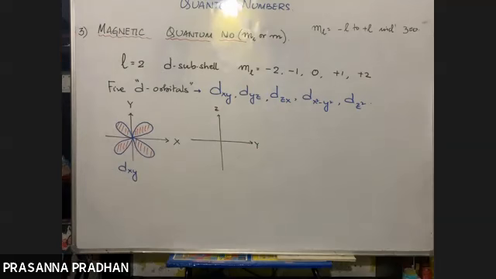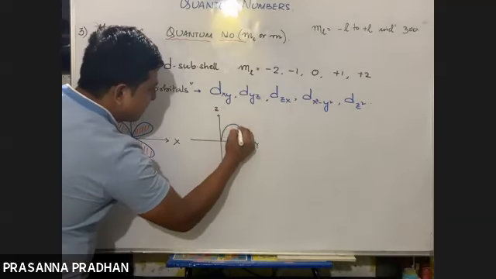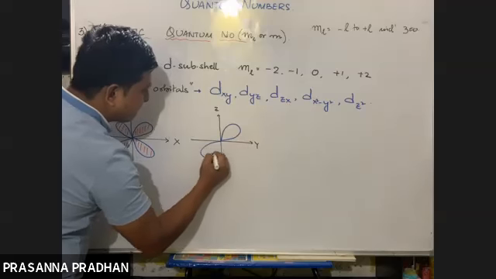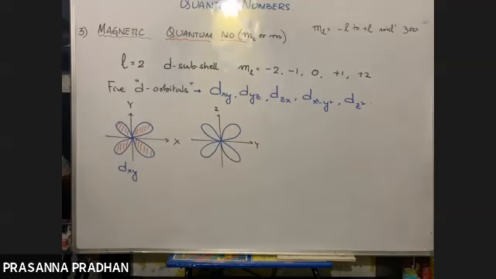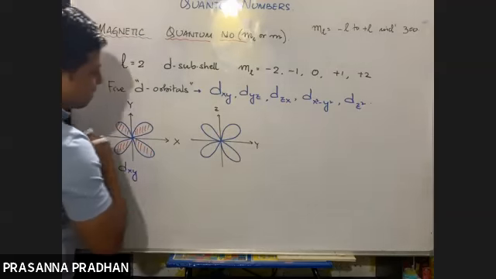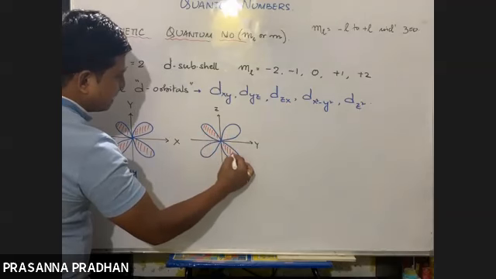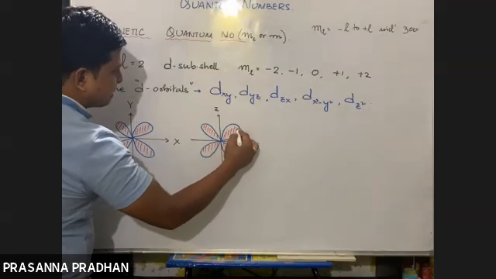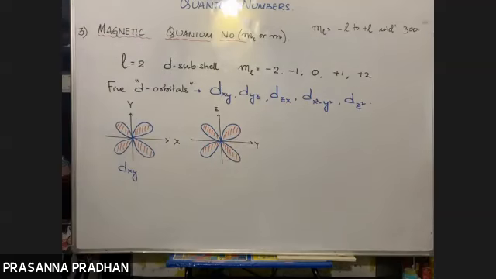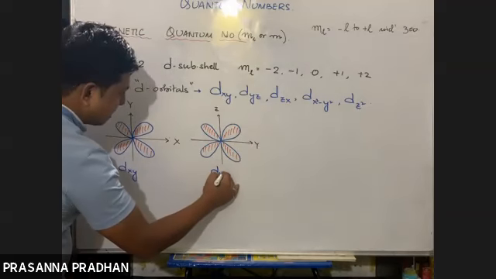So dyz means again there is a maximum probability of finding the electron in between the y-axis and the z-axis, double dumbbell like this. So this is a dyz.